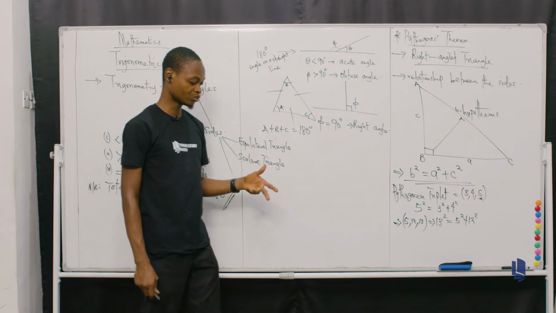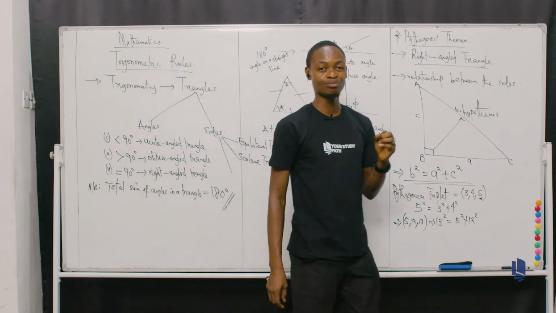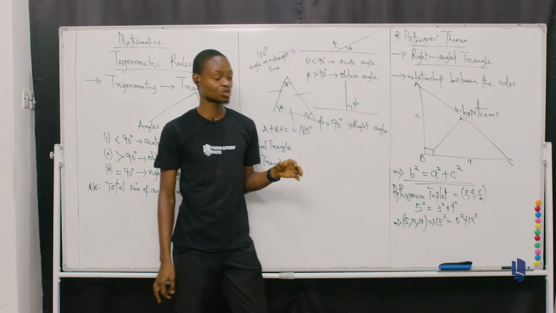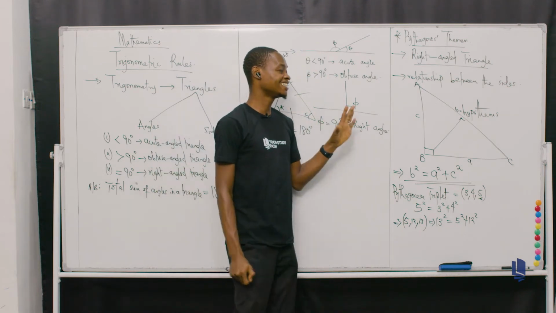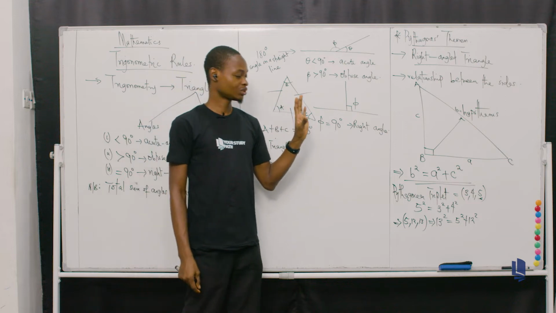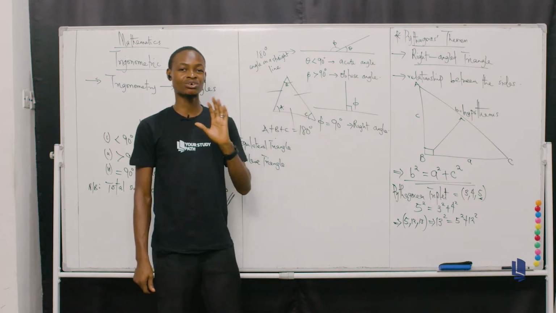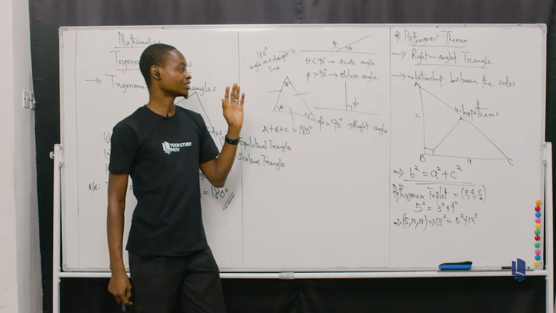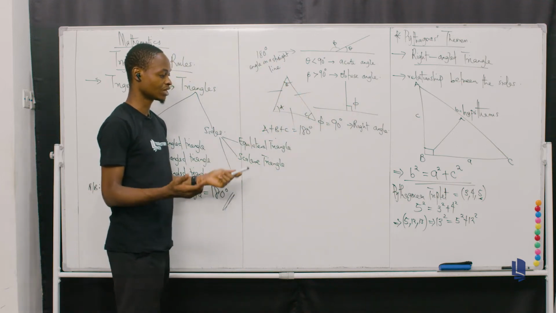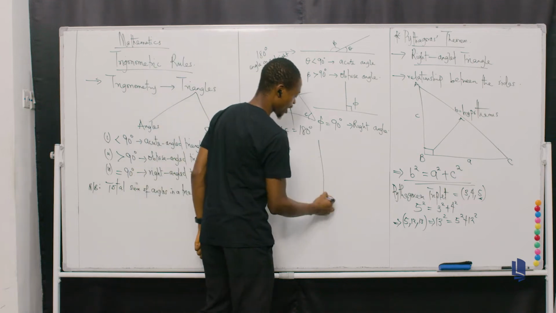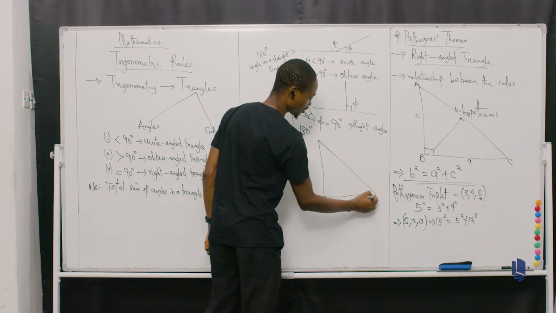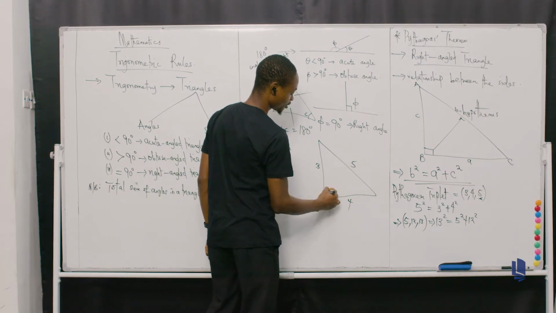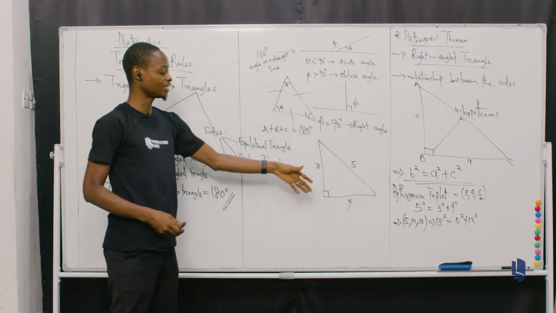So these are triples. Pythagorean triples are very, very important because they easily allow us to draw up any simple right-angled triangle such that the sides conform with the Pythagoras theorem. A good example is I can quickly draw up 3, 4, and 5 based on the right angle. Of course, I can place 3 and 4 anyhow.